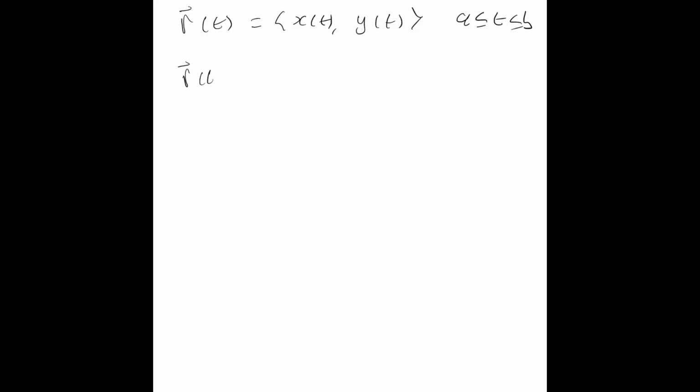The example in the homework is something like r of t is equal to t minus sine t, 1 minus cosine t. And here t goes between 0 and 2 pi. It's not so important. I think it's good just to do this as a generic example because there's going to be some trig functions, and it's easier to see what's going on with the trig functions if we don't have other stuff going on.